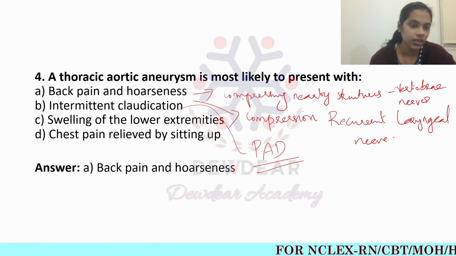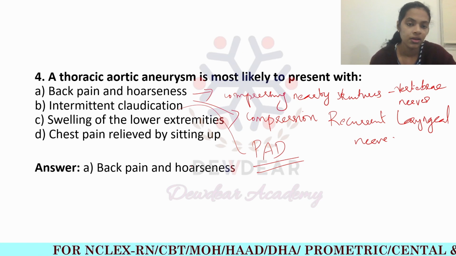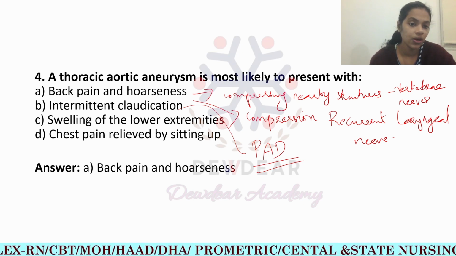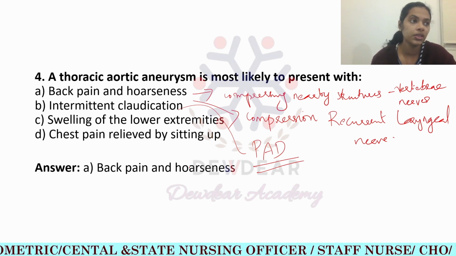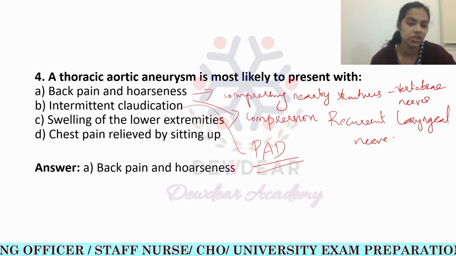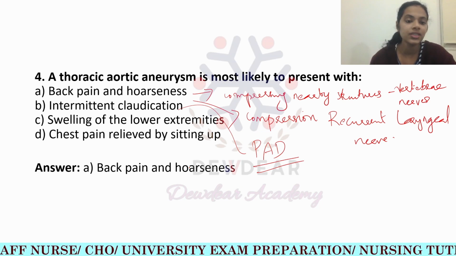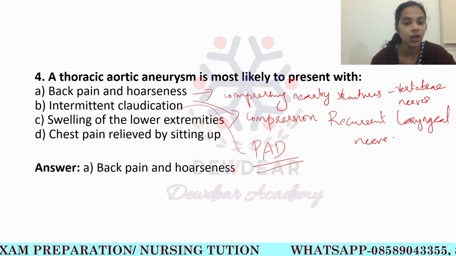So this is not the answer, because the question is about the thoracic aortic aneurysm. If there is compression of the iliac veins, that causes the swelling or other problems in the lower extremity.